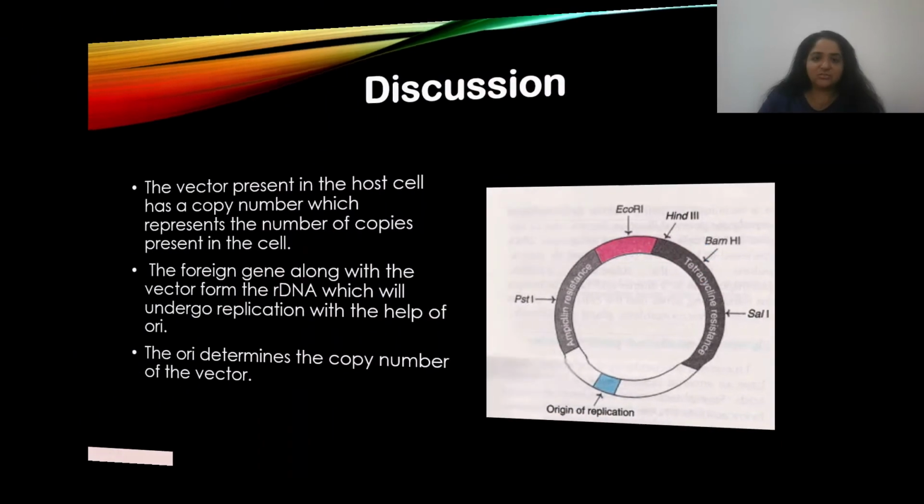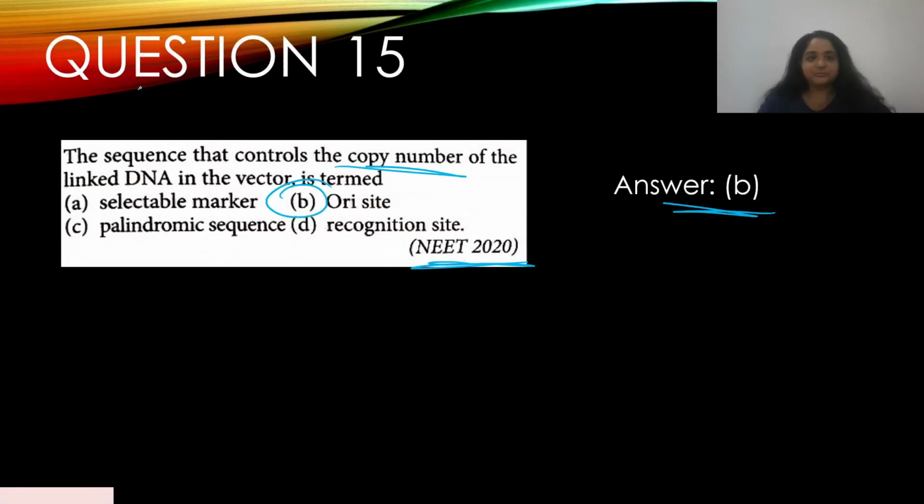So if you go back to the question, this is actually a good question. The sequence that controls the copy number of linked DNA in the vector is termed the ORI site. Now this information is there in NCERT, but it's not really explained what copy number is and how the ORI site determines that copy number.